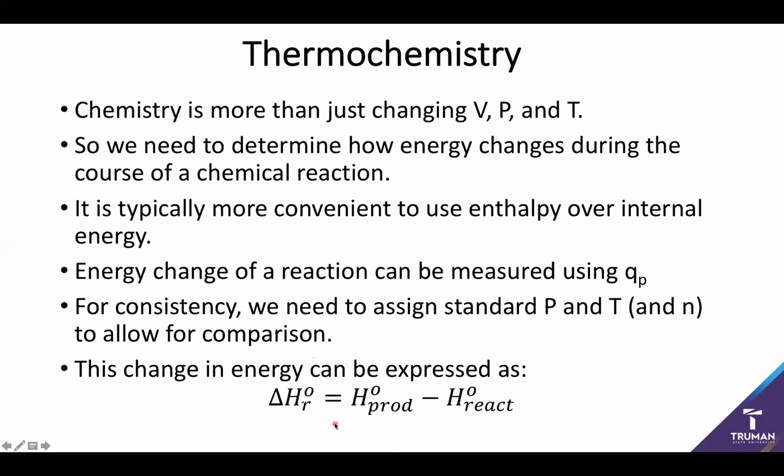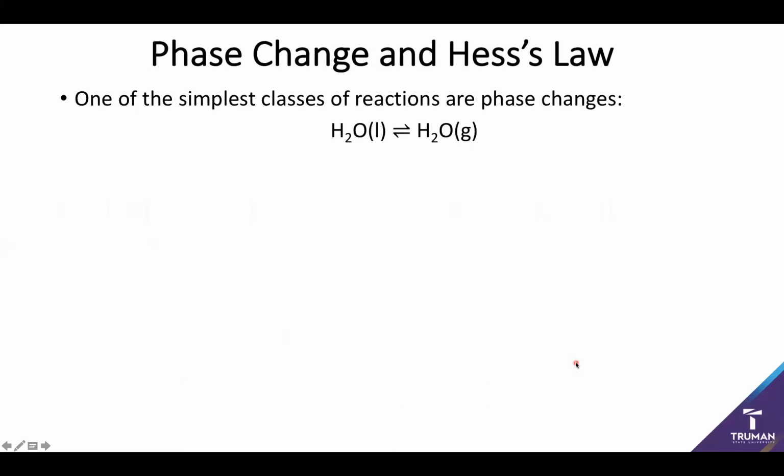And it turns out that because enthalpy is a state function, we can determine our enthalpy change for reaction simply by knowing the enthalpy of our products and our reactants. So let's go ahead and try and focus in on one of the simplest reactions, which is going to be a phase change. So while not a true chemical reaction, it shares a lot of the same thermodynamic properties as we're making and breaking bonds. In this case, they tend to be intermolecular forces.